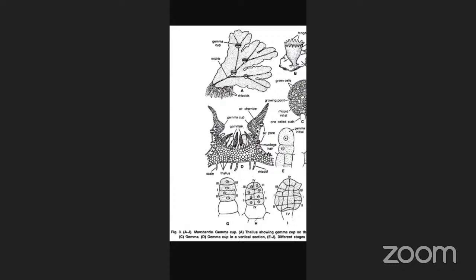Each air pore leads to an air chamber. The air chambers are separated by one-cell-thick partitions, the trabeculae. Inside them, assimilatory cells are there, which are doing photosynthesis. These are assimilatory filaments.